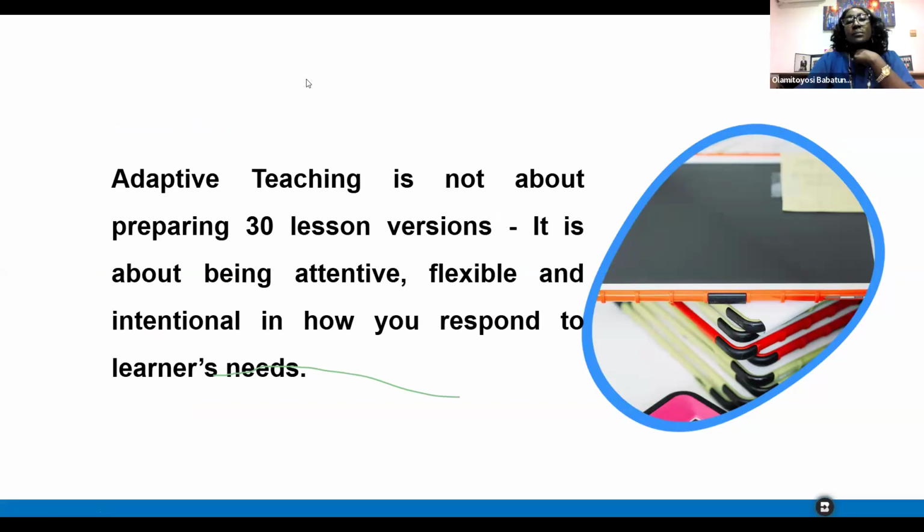It's more about being intentional on how you respond to the learner in the classroom. It's not just focused on your lesson plan, which is very important, but it is also focused on adjusting the teaching as you gauge the room and gauge the learning process and how the learners are receiving information as well.